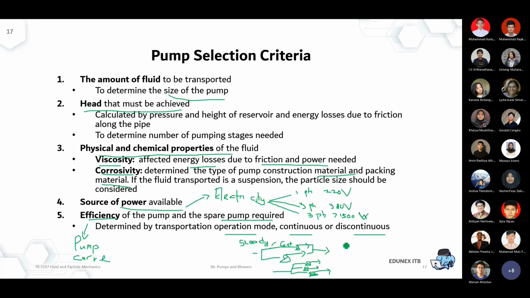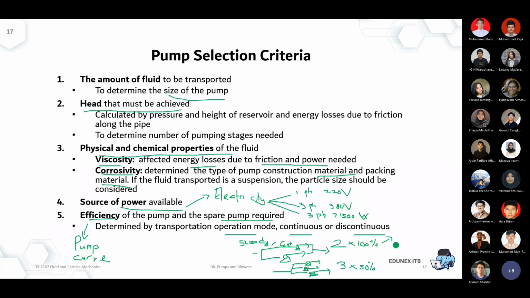Okay, so some common keywords, maybe you have something like 2 times 100% of a pump. What does this mean?